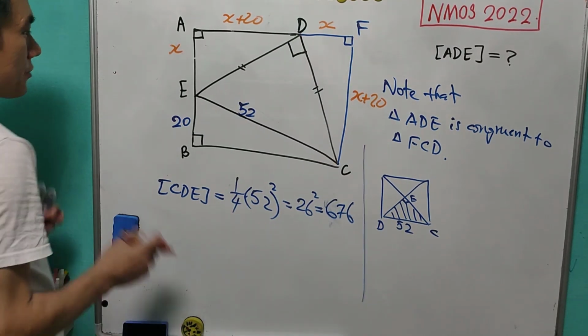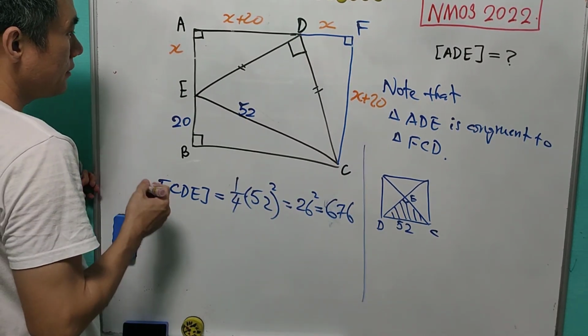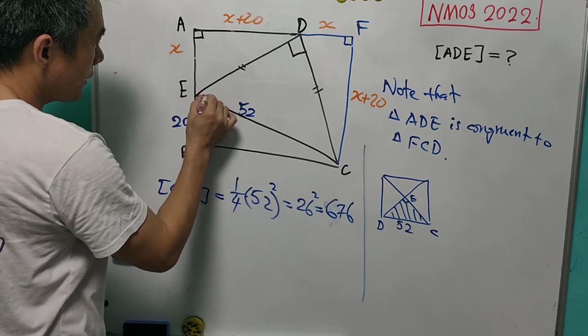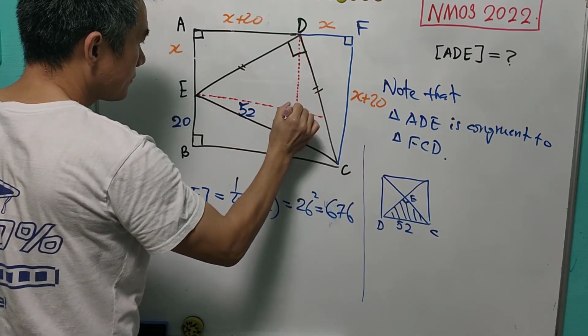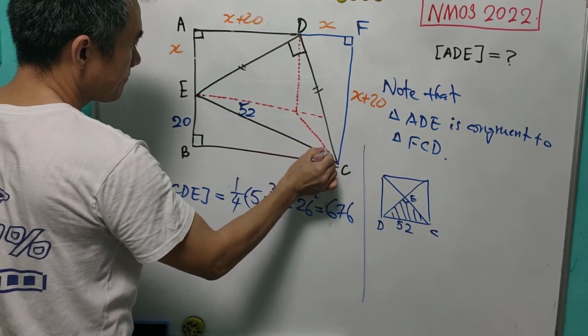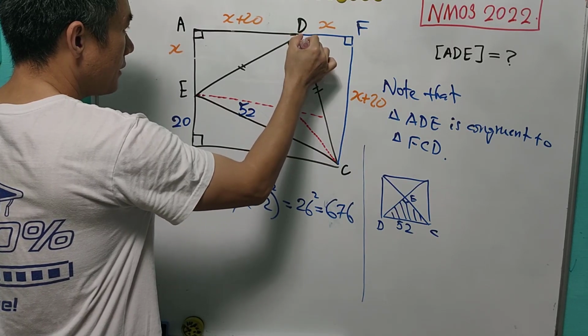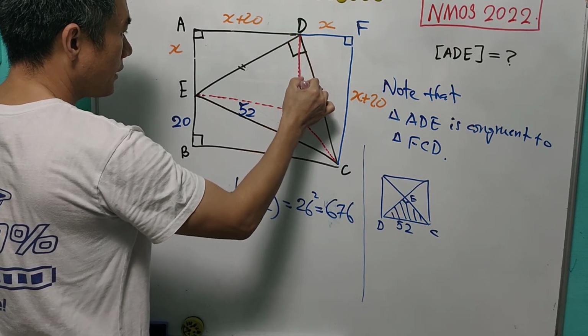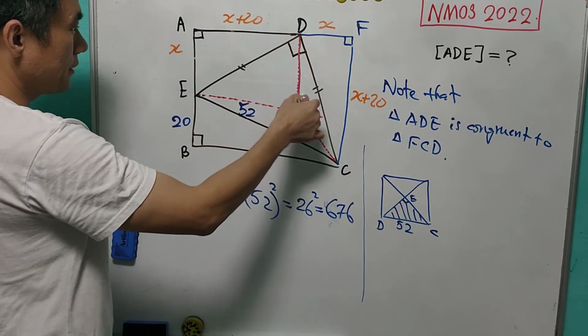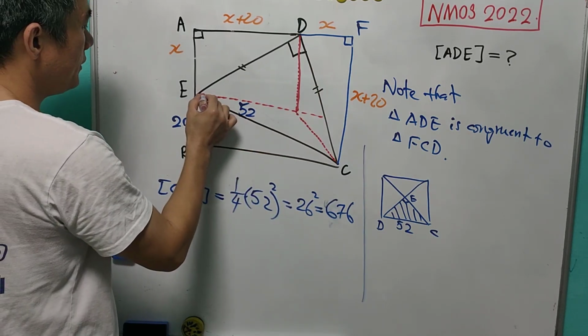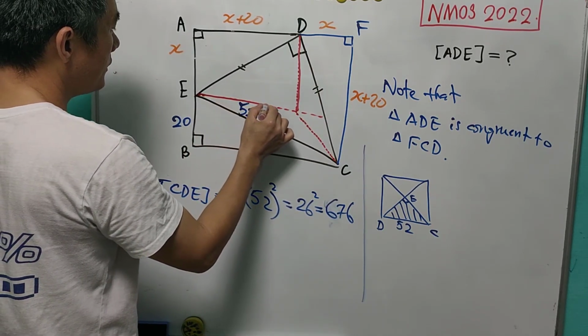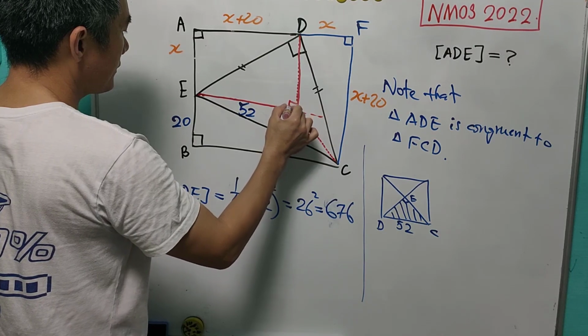We are going to cut the triangle CDE into a few portions in this way. Let's cut along this line so that it is vertical, and along this horizontal line, and this is 90 degrees.